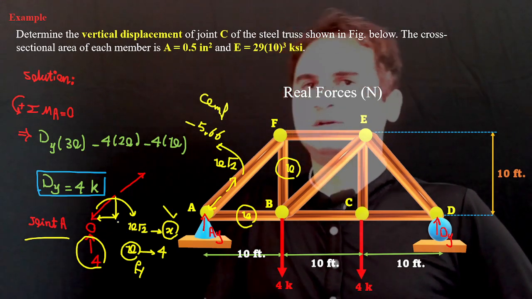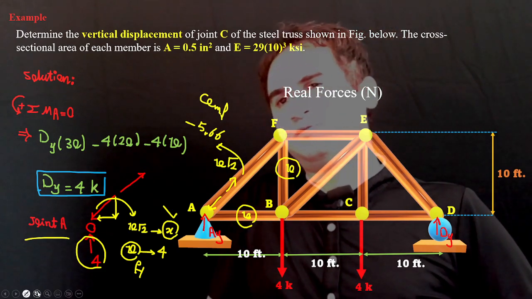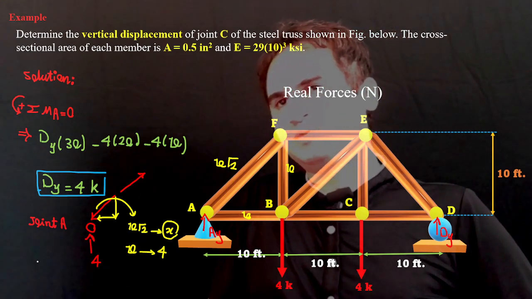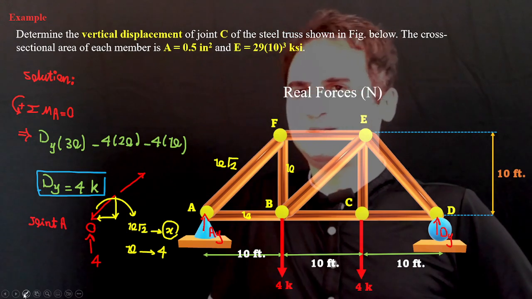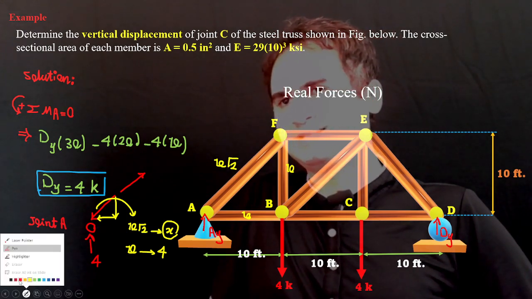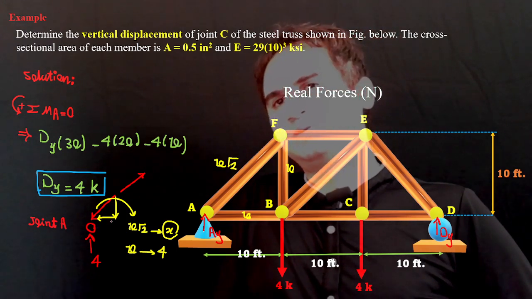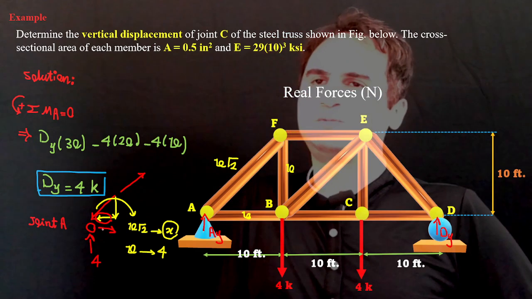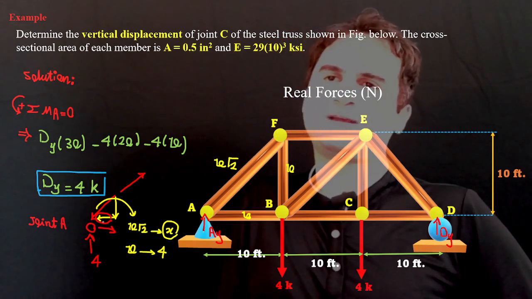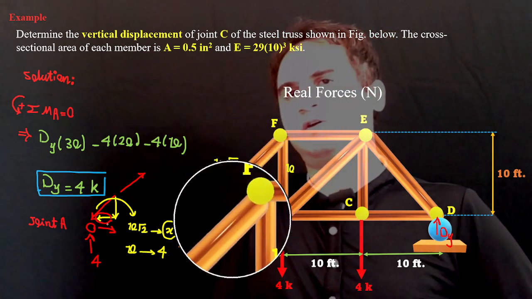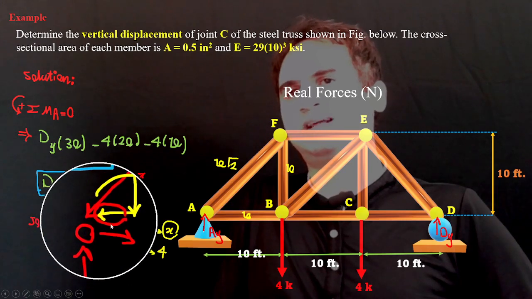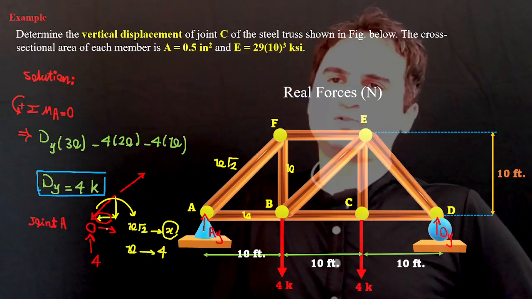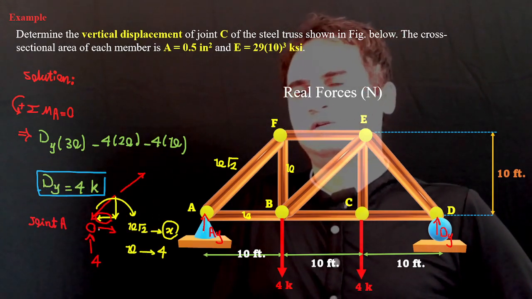If this is a push to the joint, it is a push to the member, so that's a compression force in this member. If you take a closer look at the joint, you can easily see this component should be cancelled out by a push outward to cancel this vertical component, which is also equal to 4K.